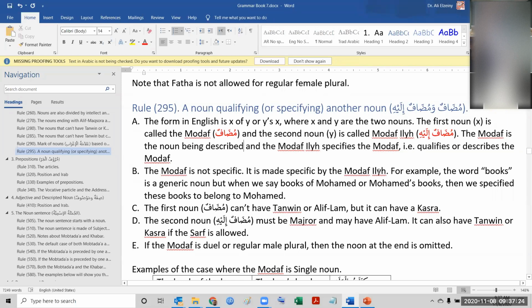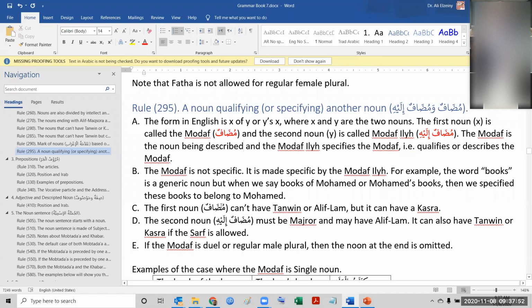It's made specific by the mudaf ilayh. For example, the word books is a generic noun, but when we say books of Muhammad or Muhammad's books, we are specifying that these books belong to Muhammad. So Muhammad is qualifying the books. There are so many books, but we're talking about the books of Muhammad himself.